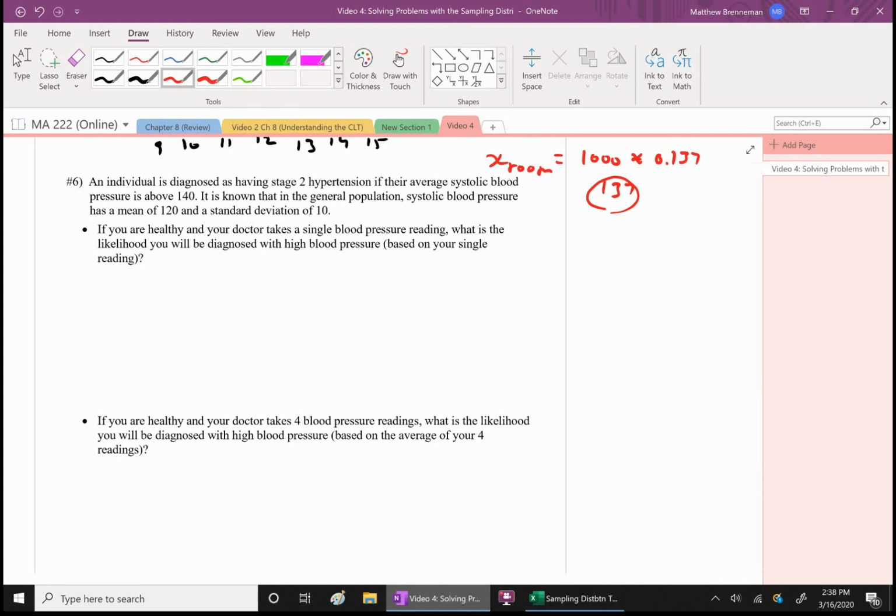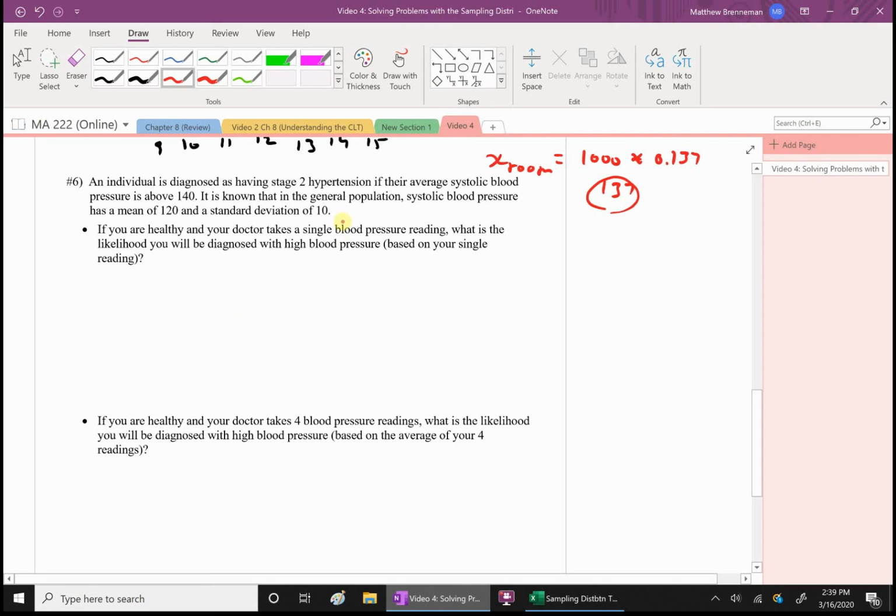Let's switch gears now and look at a problem involving a quantitative variable. So I'll let you stop the video and read the problem. Okay, so we want to know what is the probability that if a doctor takes a single blood pressure reading, you're going to be diagnosed with high blood pressure?